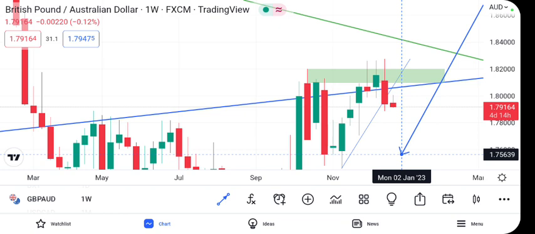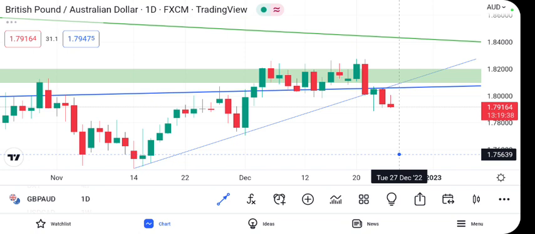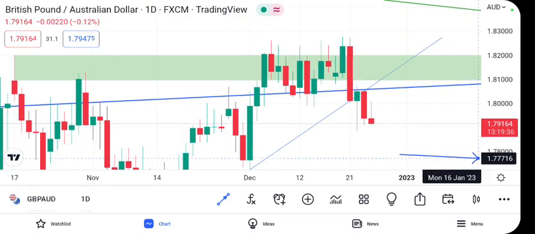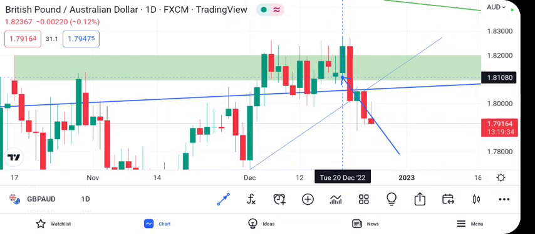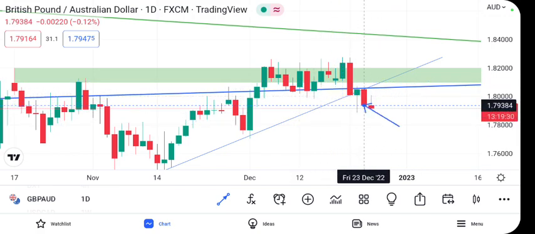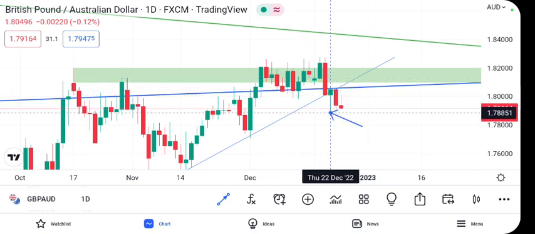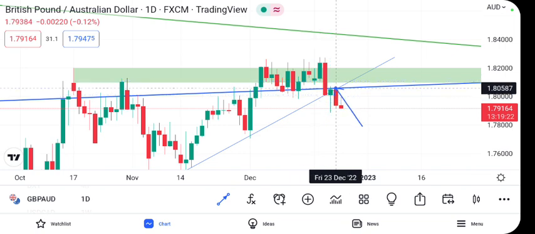Now let me show you another. No, before we go, as you can see here, it has also broken this trend line. I had that small trend line here, and it has broken it to the downside. This red candle has closed below the trend line.